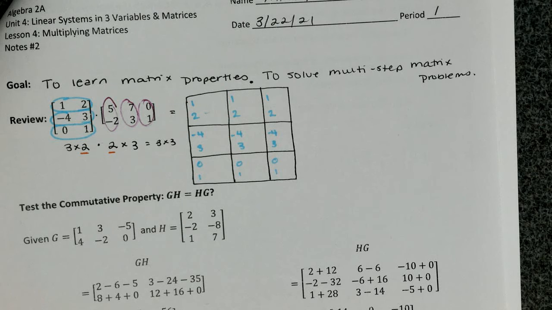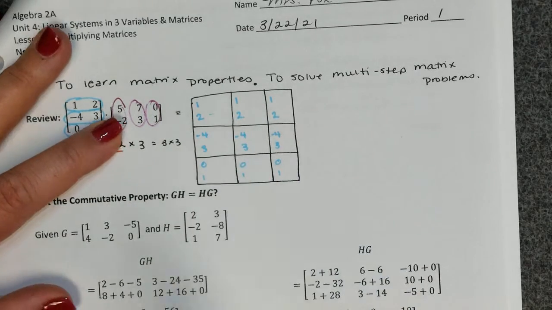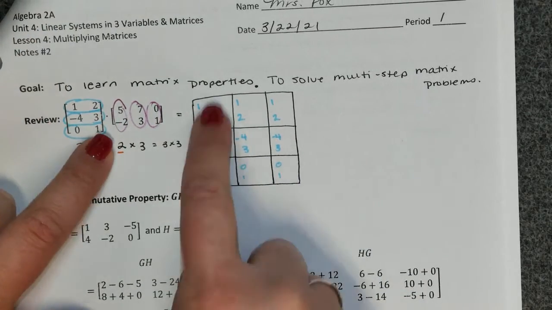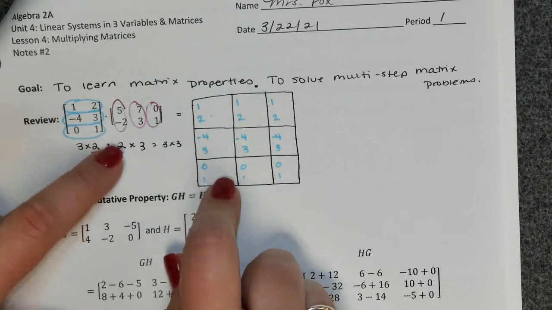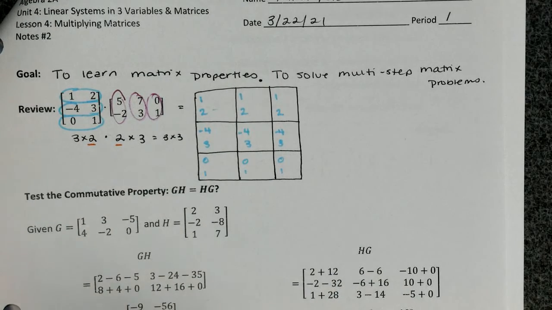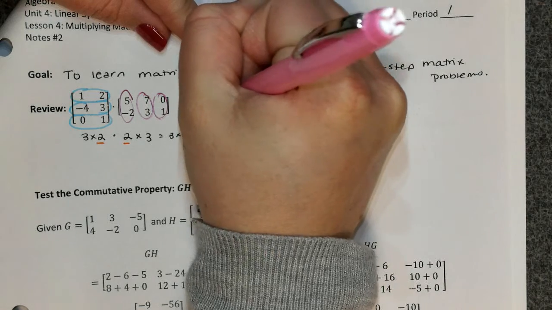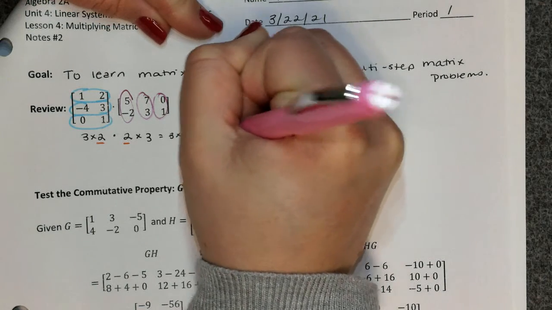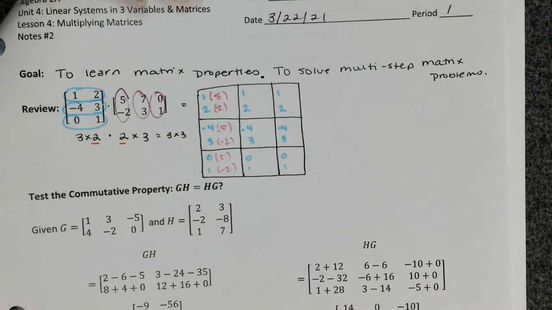So in this very first column, and notice we have 3 columns circled, what numbers are circled in the first column? 5 and -2. So we know that 5, -2 is going to be in every single one of these boxes. So 5, -2, 5, -2, 5, -2.